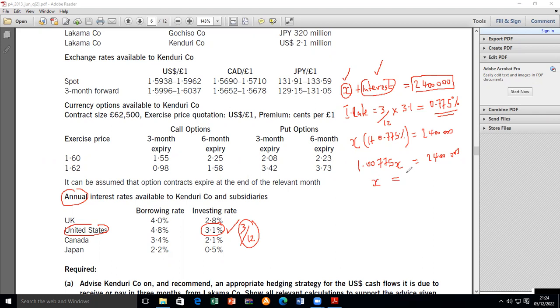So how much money should we deposit in this account? So we have 2,381,543.04.